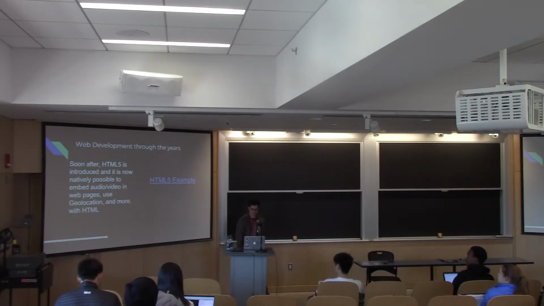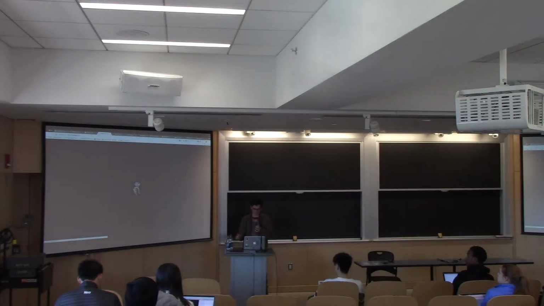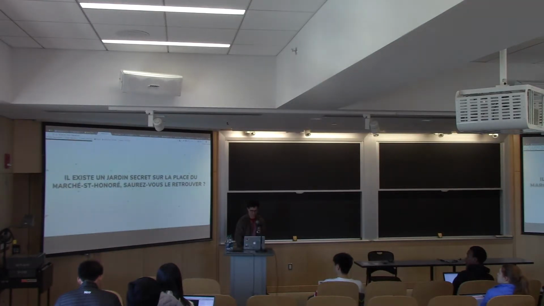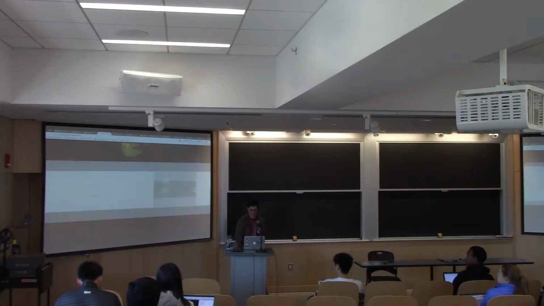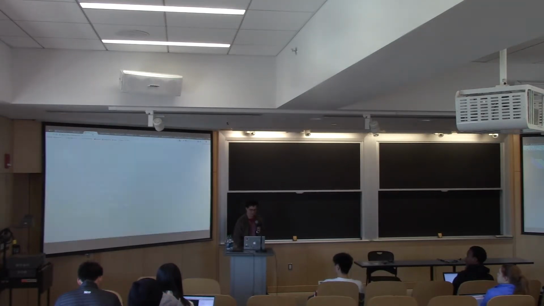So here's an example of a really beautiful, if it loads, HTML5 page that really takes advantage of the complexity and whatnot. You can scroll around and there are all these really cool animations and pretty visuals. It's nice. It's way better than Flash.